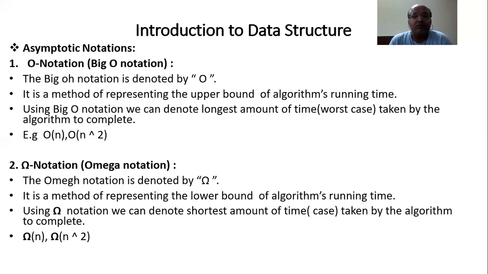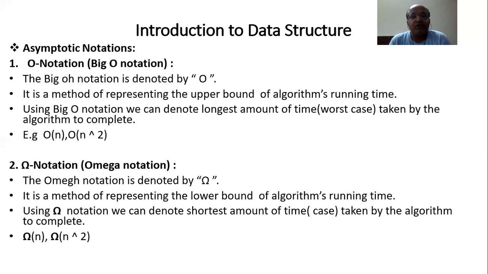In the case of Omega notation, it represents the lower bound. The lower bound means it will take a minimum amount of time, or we can say the shortest amount of time. So ultimately this is the best case.